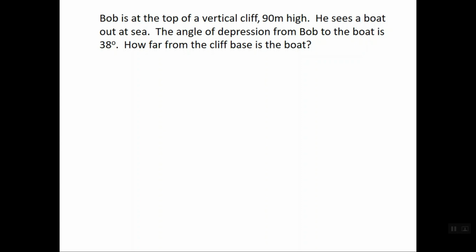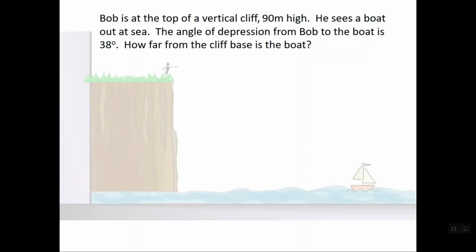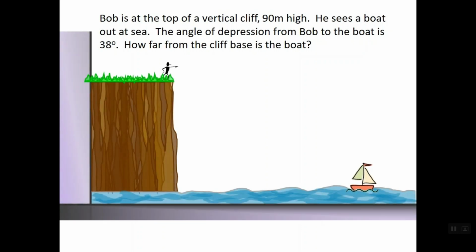Again, guys, remember our first step is to draw a diagram to represent the information that we're given. So that's my sketch there. My next step now, guys, is basically to label my diagram based on the information that I'm given in the question. So I label my vertical cliff as 90 meters high because I'm given that information in the question.